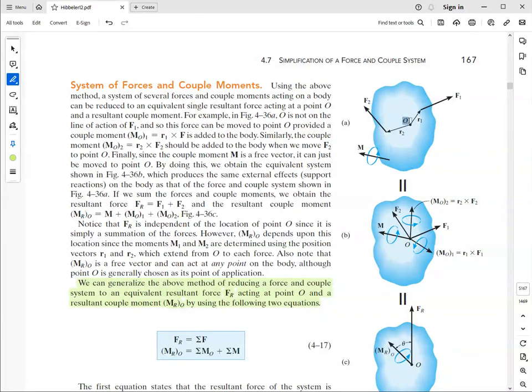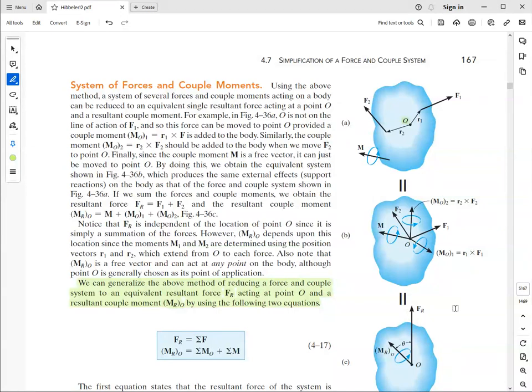So assuming a point O, we sum forces and get the resultant, and then we evaluate the moment of each of the forces about that point O, and it's going to give us a resultant moment.